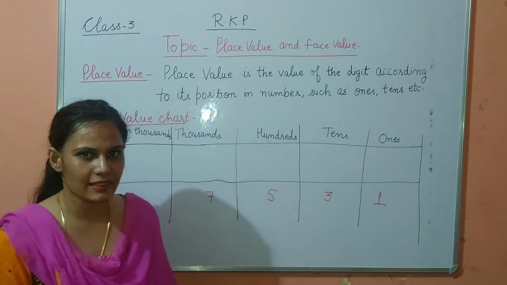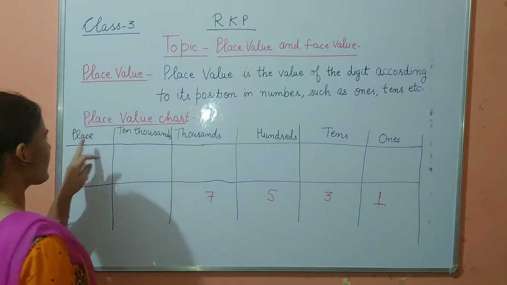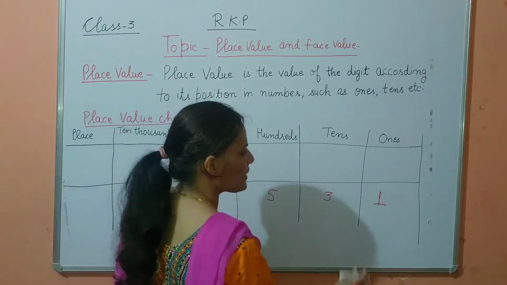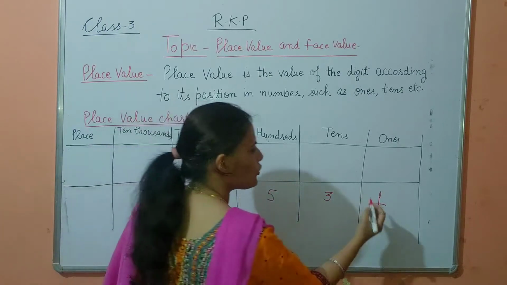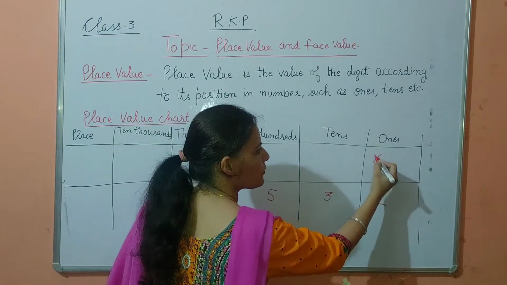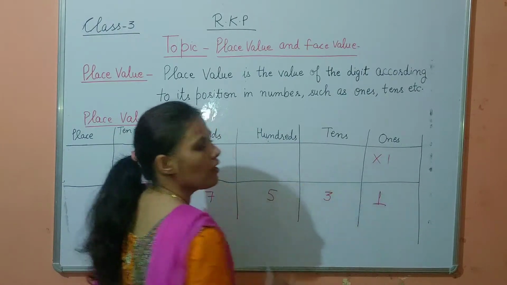You read like this, but what will be its place value? 1 one means you multiply this digit with 1.